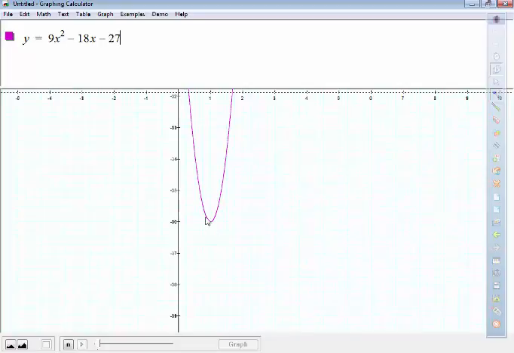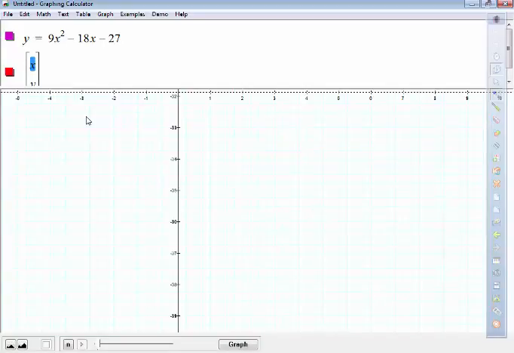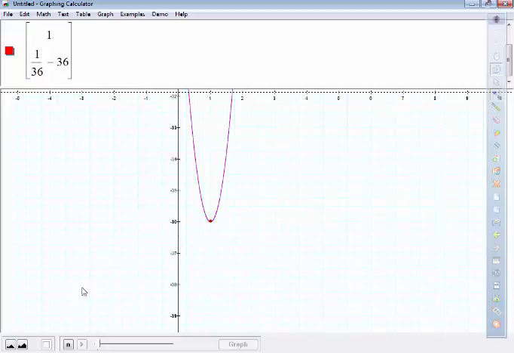All right, so that's our new vertex. It got shifted there. Now, if we draw a point, what was the point? What is it? The new focus point, 1 comma 1 over 36. So again, it's really close.